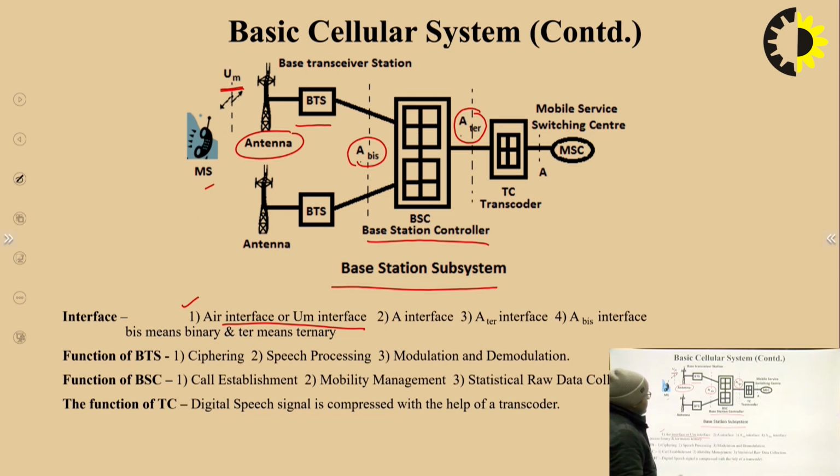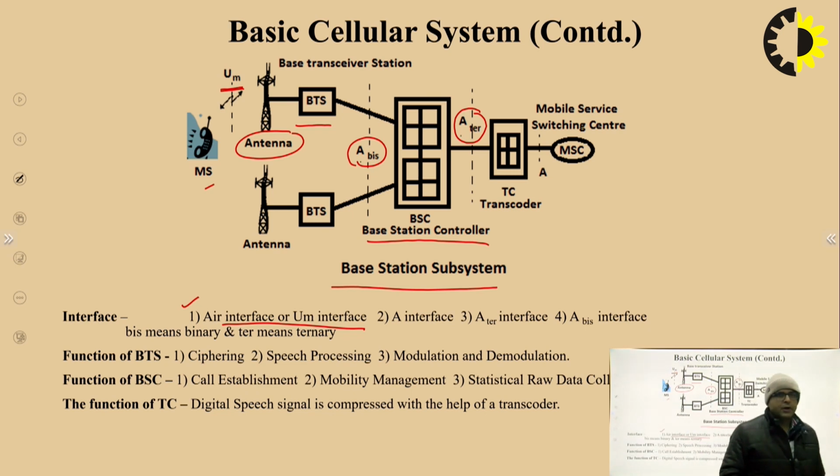The BTS performs several functions like ciphering, speech processing, modulation, and demodulation. Ciphering is an important function which is performed by BTS. It basically uses a cipher key, and using this key, it encodes the information which is required to transmit.